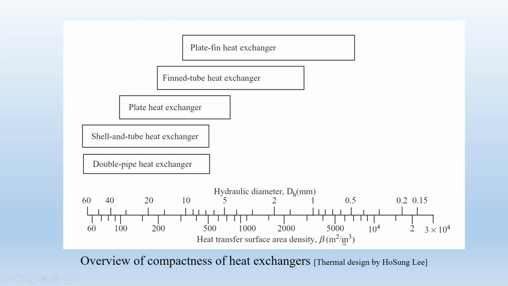If you need a higher specific surface area, you need to use the plate heat exchanger. If you need an even higher specific surface area, then you need to use fin heat exchangers. You can use fin tube heat exchangers or plate fin heat exchangers.